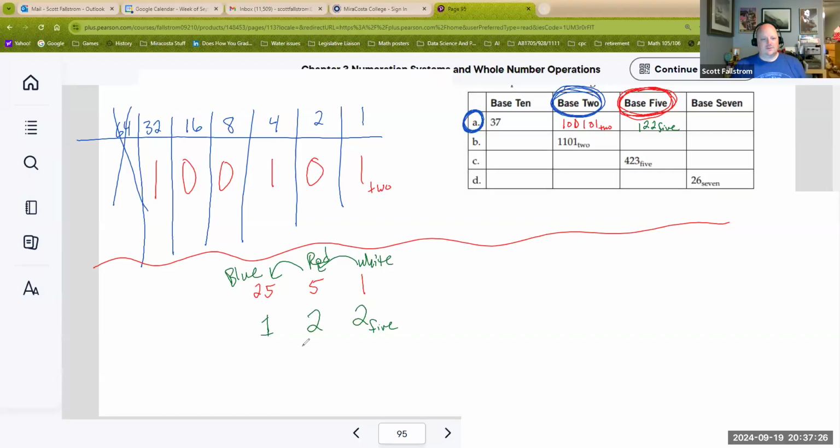And you could say, if I give you a blue chip and a red chip and two white chips, how much money did I just give you? And then they have to count. Well, that's 25, and two of these, that's five and five is 10. They're doing the same thing you were just doing, and they're really learning those big ideas from place value as well as a little multiplication and addition. Why not?